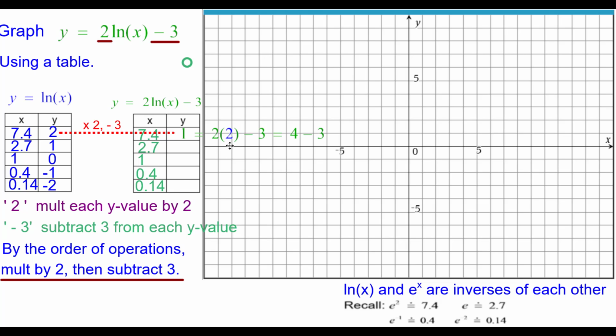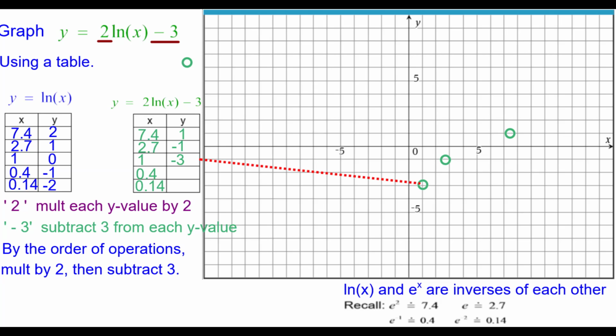So 2 times 2 is 4, minus 3 is 1. We show that calculation over here. And then we'll plot 7.4, 1. Keep in mind you can pause anytime during the video. 1 times 2 is 2, minus 3 is -1. So we'll plot e to the 1, 2.7, -1. 0 times 2 is 0, minus 3 is -3.